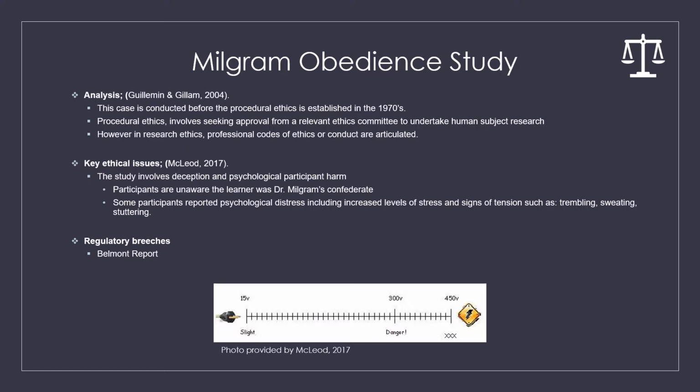When you look at the key issues, you see that the study involves deception and psychological harm to the participants. Participants are unaware that the learner is Dr. Milgram's confederate, and some participants report psychological distress, including increased levels of stress and signs of tension, such as trembling, sweating, and stuttering. The regulatory breaches can be further described in the Belmont Report.